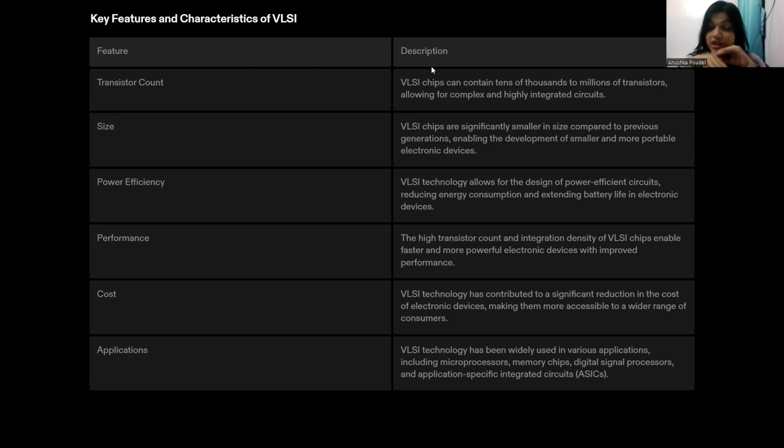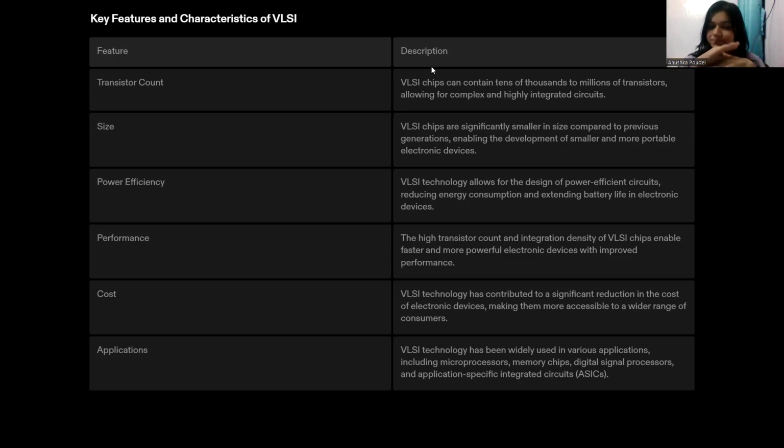Power efficiency. VLSI technology allows for the design of power efficient circuits, reducing energy consumption and extending battery life in electronic devices. The performance: the higher transistor count and integration density of VLSI chips enable faster and more powerful electronic devices with improved performance.